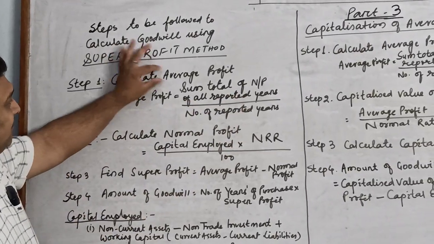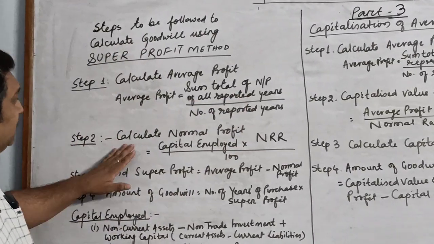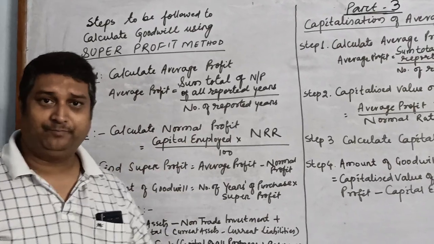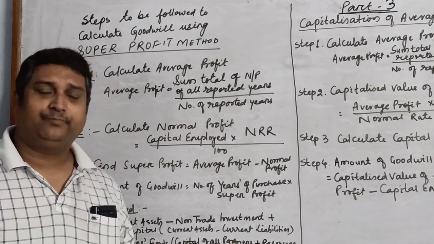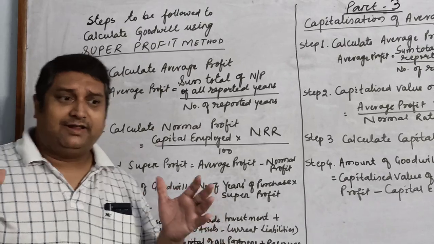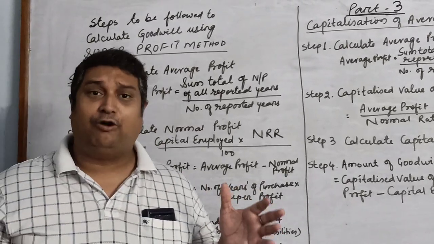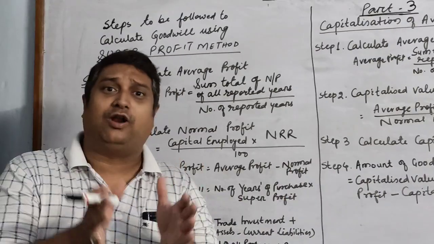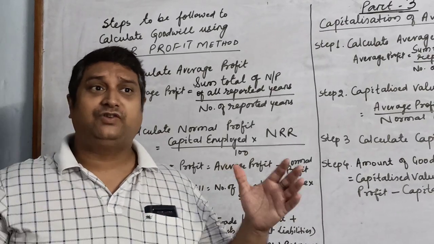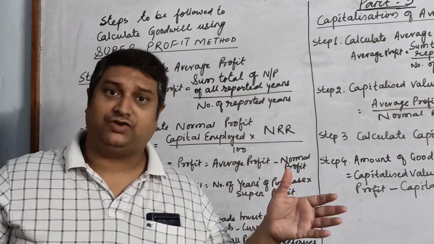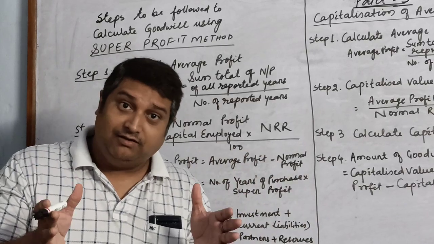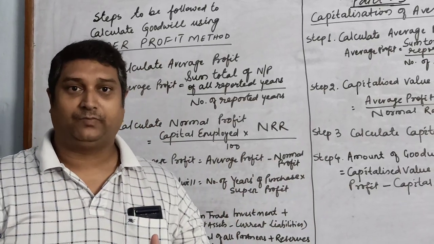After finding the average profit, your second step is to find out the normal profit. Now, what is normal profit? Children, you can take an example of an industry and an organization. Iron and Steel is an industry. Tata Steel is a company.